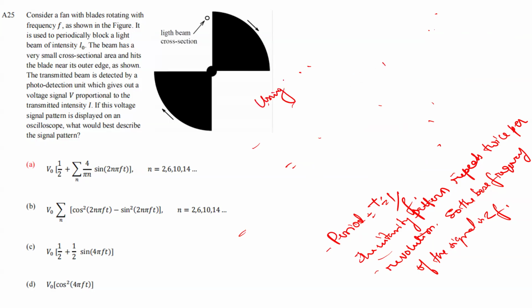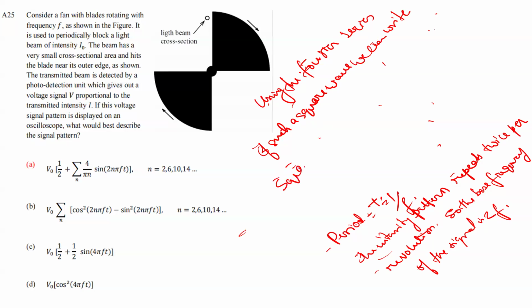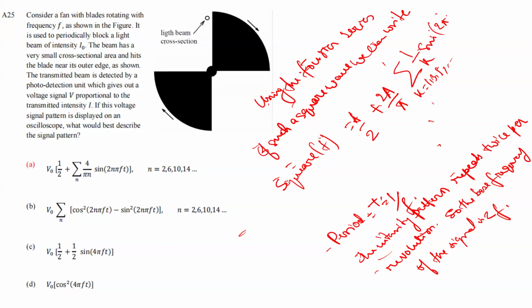So the Fourier series of such a square wave we can write as: square(t) equals A by 2 plus 2A by pi, sum over k equal to 1, 3, 5 and so on, of 1 by k sine 2 pi k f t, right?